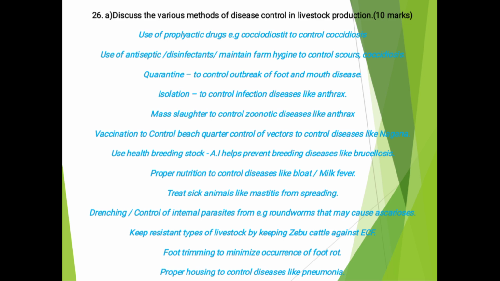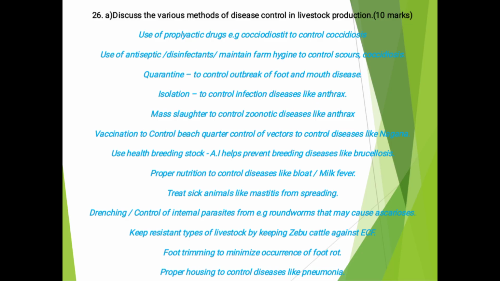Okay, you can also carry out mass slaughtering so as to control zoonotic diseases like anthrax. Then vaccination can also be done to control blackquarter. You can use healthy breeding stock, as AI helps prevent breeding diseases like brucellosis.